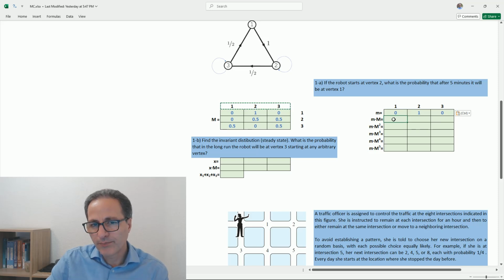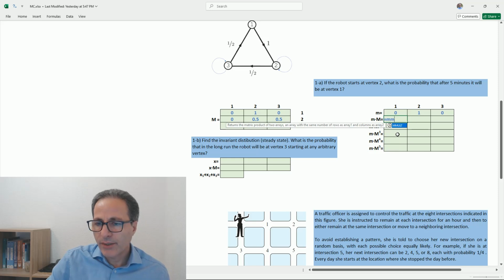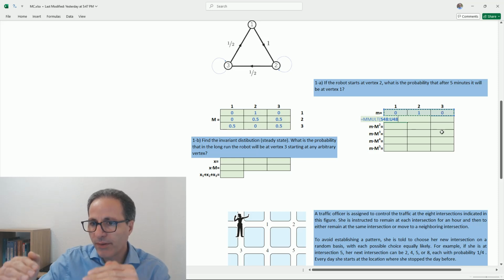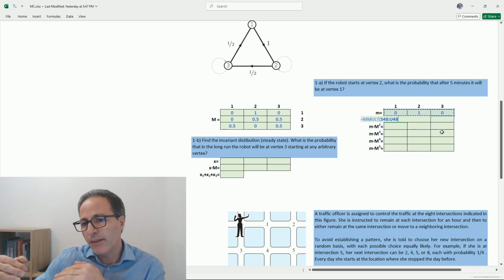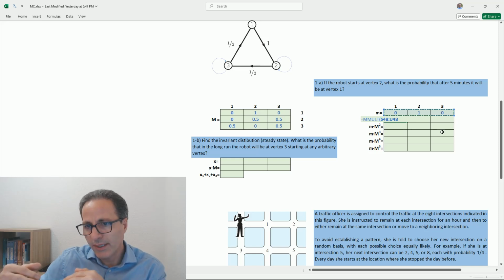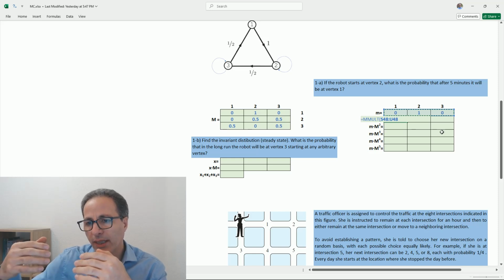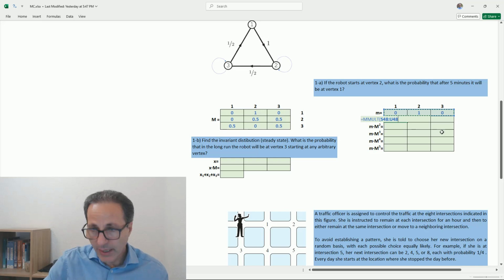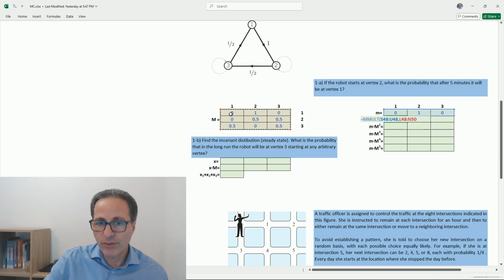Here I need to write equal matrix multiplication, or MMULT, of the previous state, but I don't lock this one because I want this previous state to move down, because in the second step, the previous step is going to be the first step, so it should move down. And the probability matrix, or transition matrix, we should lock.